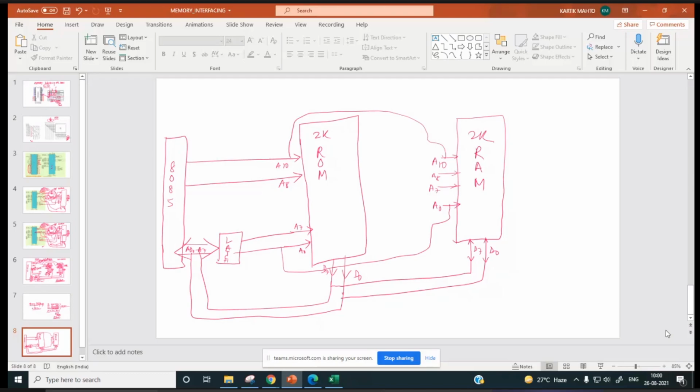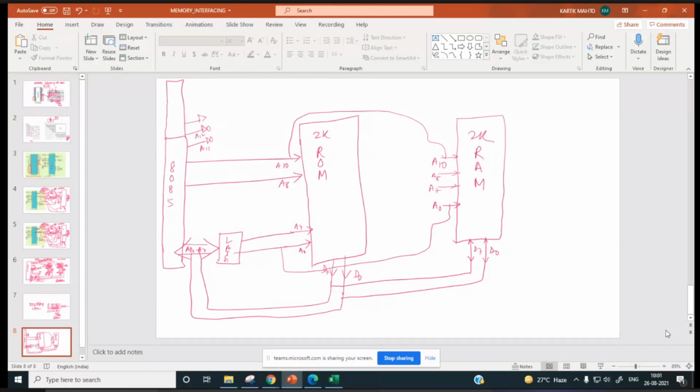Now suppose, how many pins are there? What are the other pins? We have A11. If we invert this, A12. If we invert this, A13.